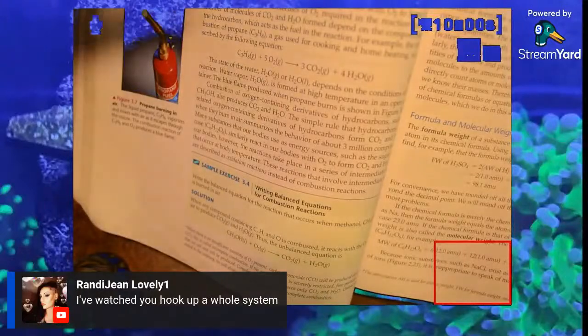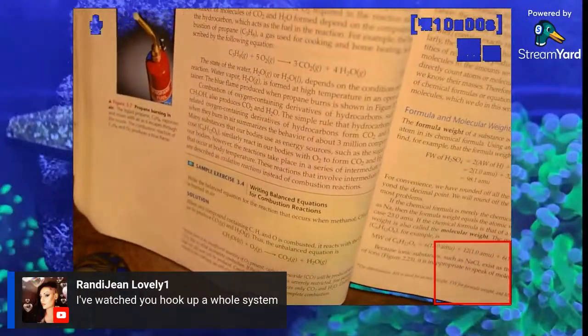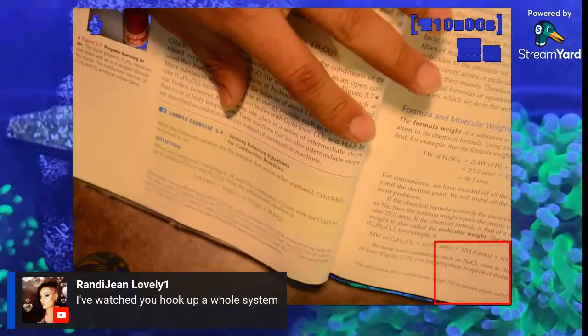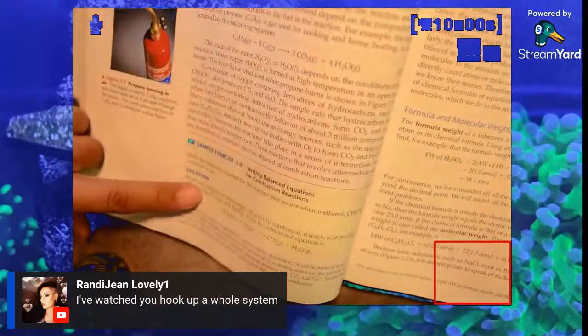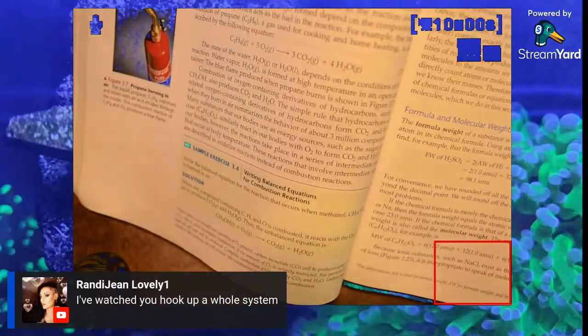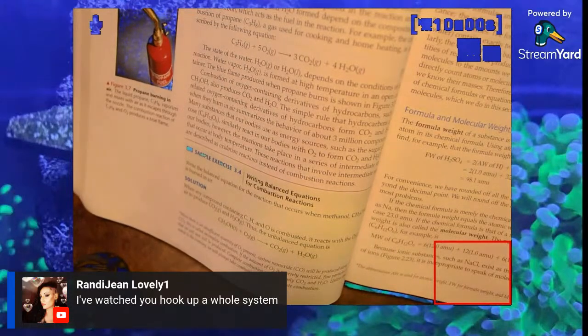Let's keep going. All right, now we're going to do this problem, and that's the end of the chapter. So we might end this video because the next section is 3.3 formula weights.